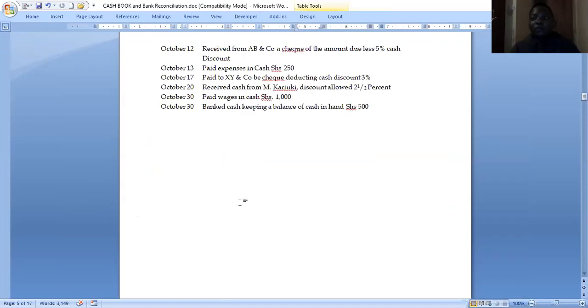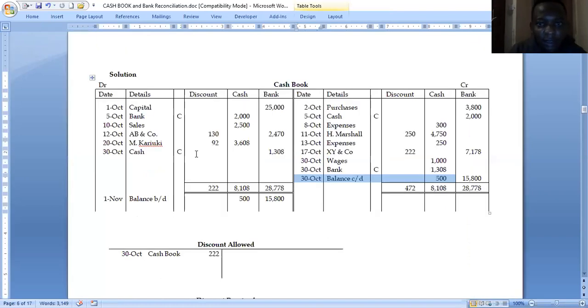It means we take out money from our cash book, and we are left with only 500 shillings, and then the extra amount we take to the bank. So we credit cash account and debit bank. Another contra entry. In this case, we credit the cash account as highlighted there.